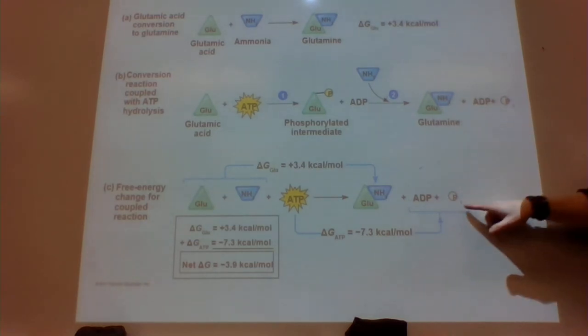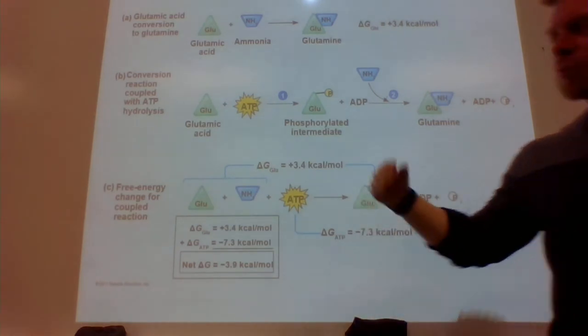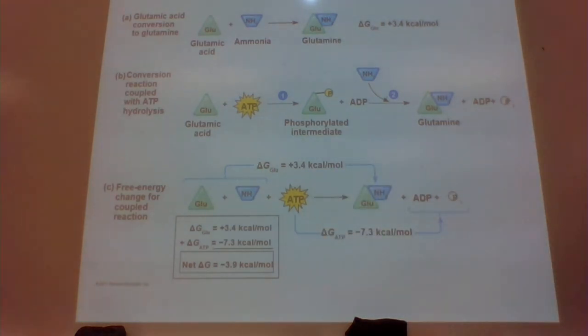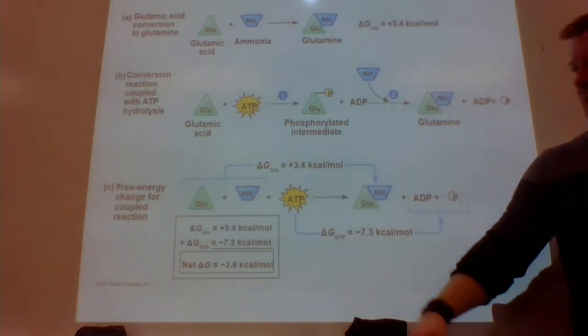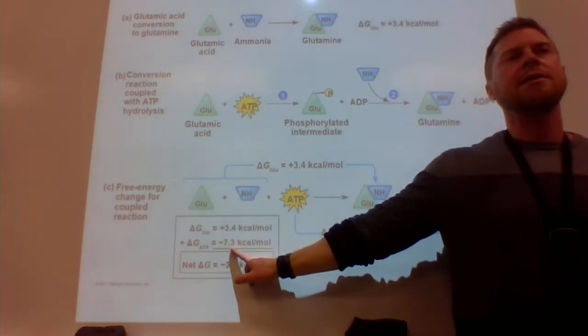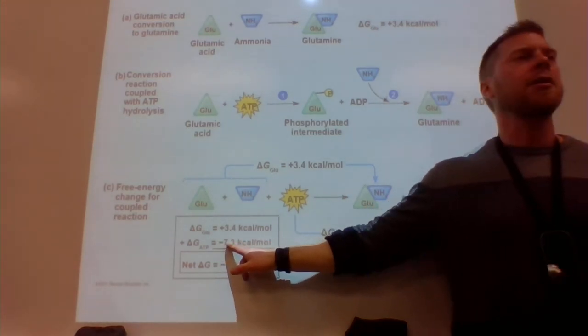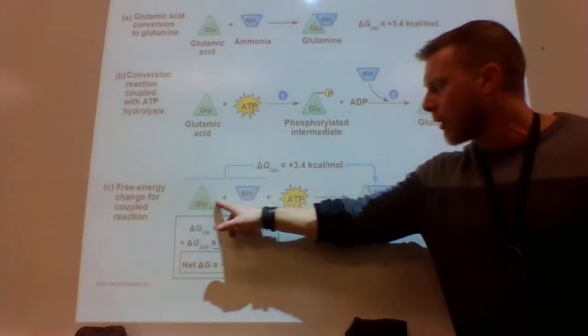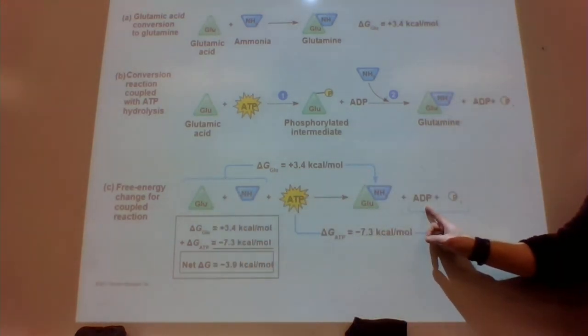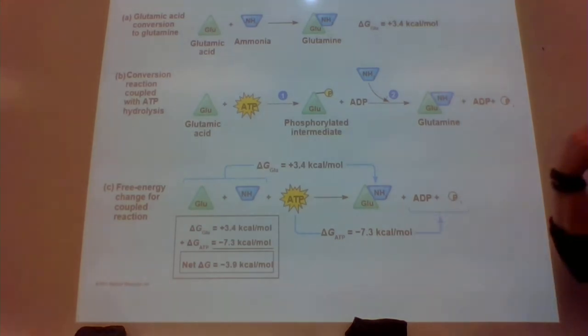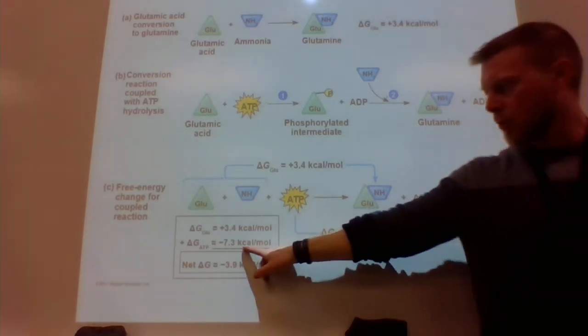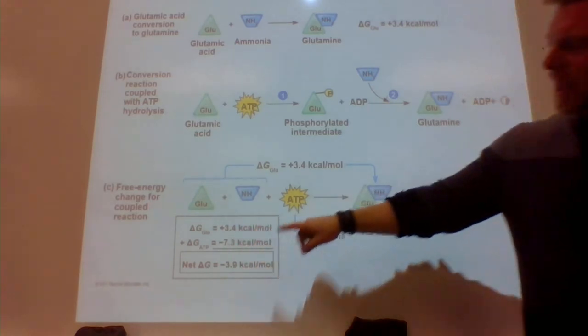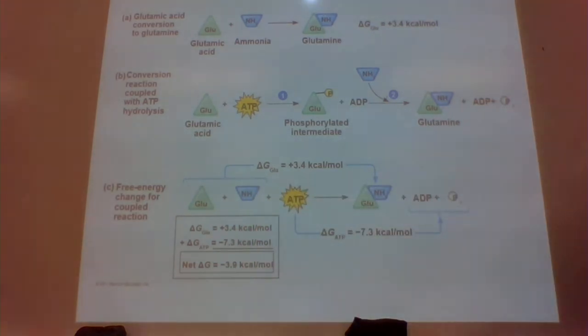So what I want you to get out of this is that you have two chemical reactions coupled together. You have the hydrolysis of ATP releasing 7.3 kilocalories of energy, and that energy released is used to power this endergonic reaction. And the ATP is one, providing the energy, and two, phosphorylating one of the reactants.